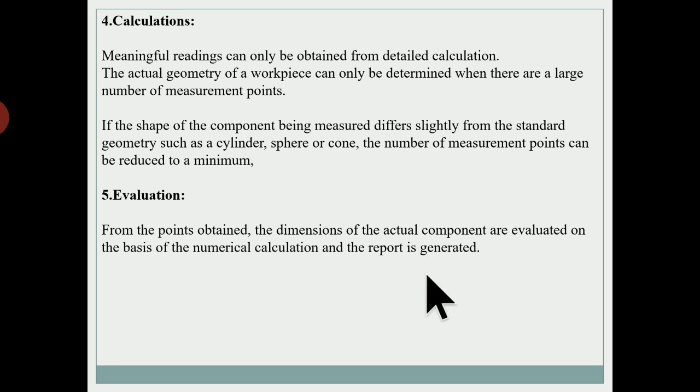If the shape of the component being measured differs slightly from the standard geometry such as cylinders, sphere or cone, the number of measurement points can be reduced to a minimum. Then the last function is evaluation. From the points obtained, the dimensions of the actual components are evaluated on the basis of numerical calculation and a report is generated. These are the five major functions of computer system in a CMM.